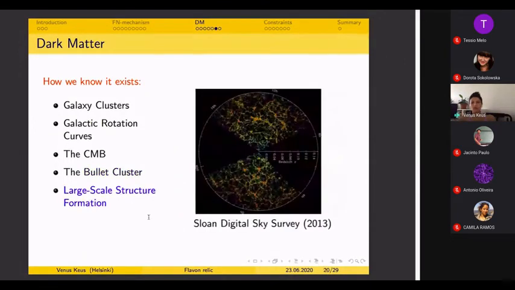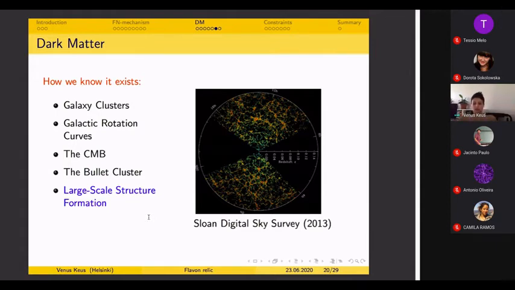We also have these sky surveys, which give you simulations and observations that tell you that at a large scale, the galaxies and galaxy clusters form these filaments, dense regions and void regions.